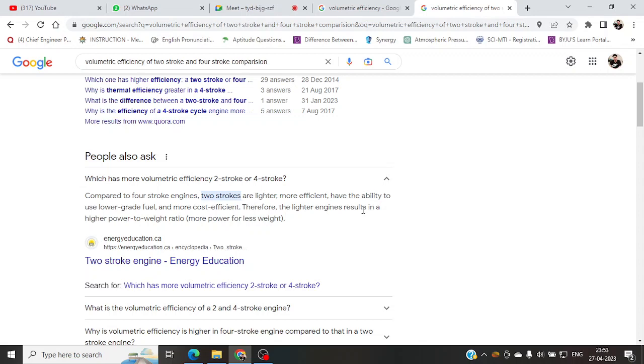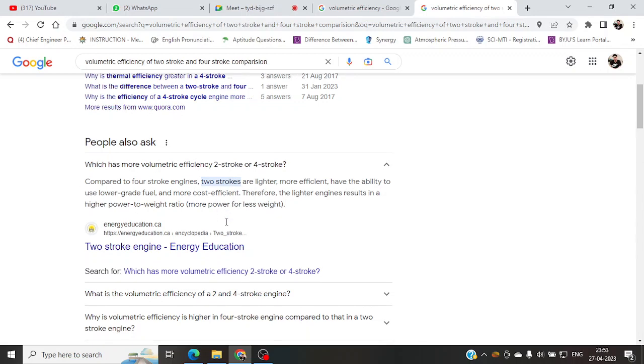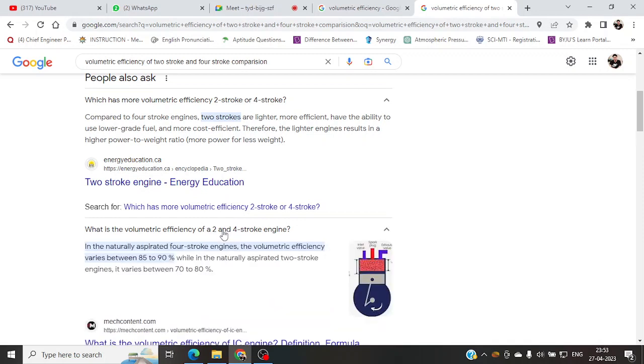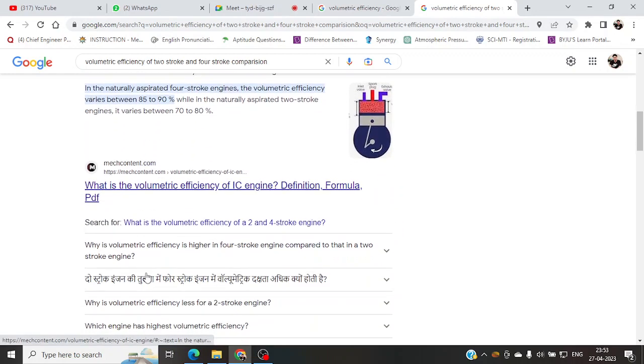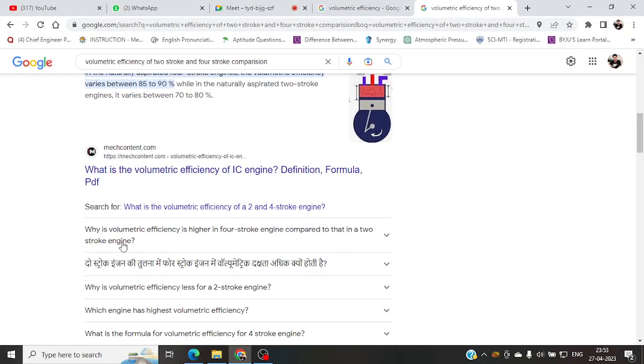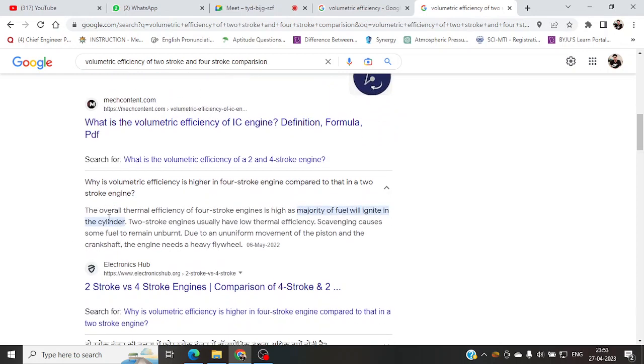Therefore, the lighter engine results in a higher power to weight ratio. It is not showing. Why is volumetric efficiency higher in a four-stroke engine? The overall efficiency of a four-stroke engine is high as majority of.